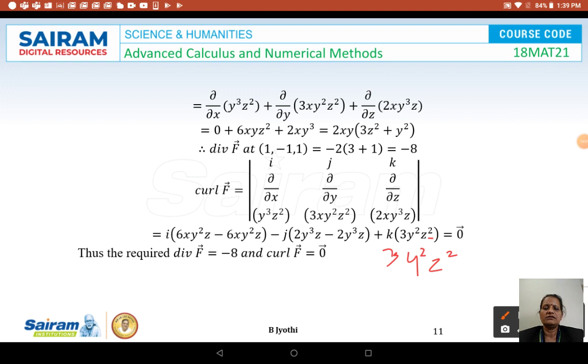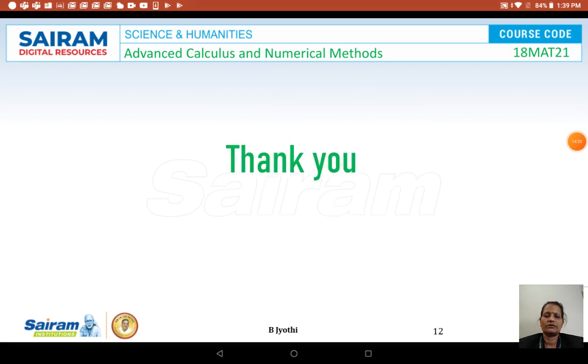Here also we get the same terms. Therefore, all the terms get cancelled for i, j as well as k. Therefore the curl f will be equal to 0 and div f will be equal to minus 8. Thank you.